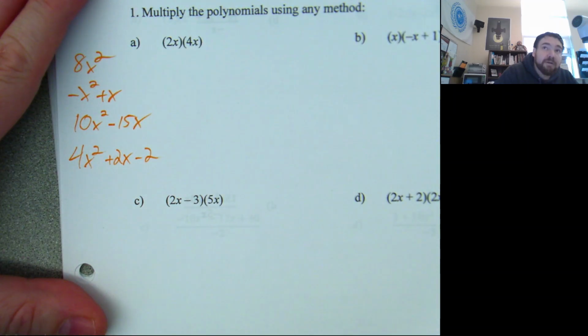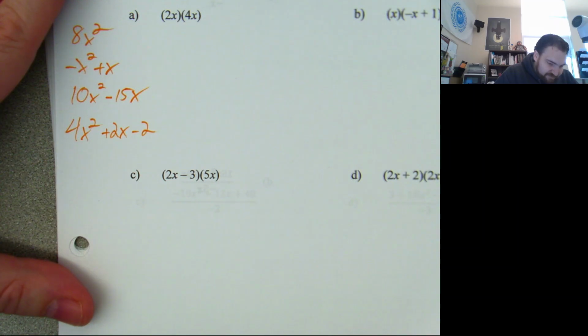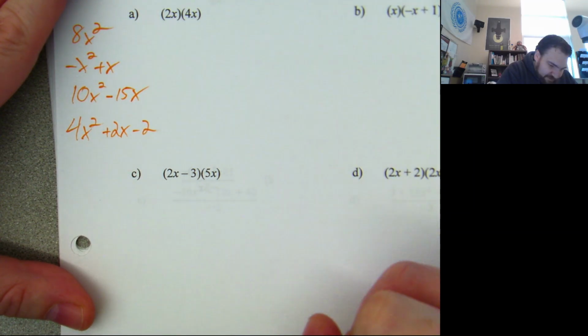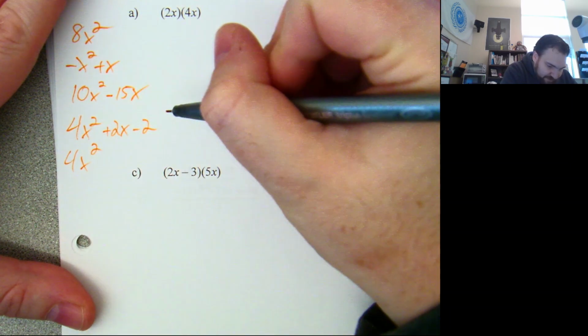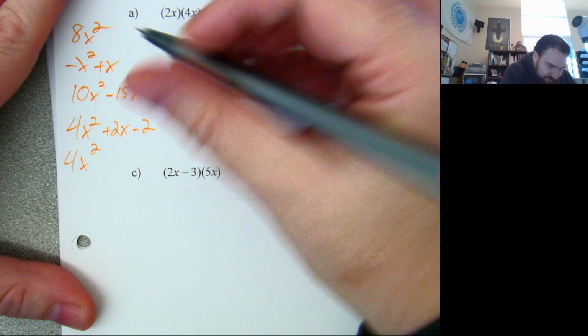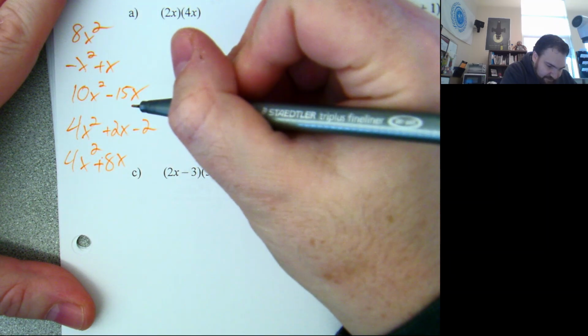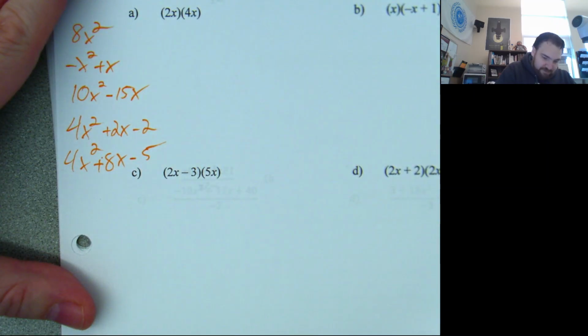Oh, these are hard to do in my head. Oh boy. I'm going to rewrite this one. 2x. That's going to be 4x squared plus 8x minus 5.